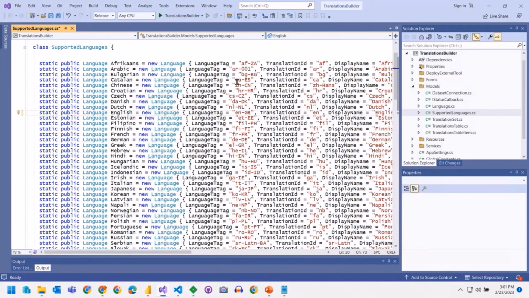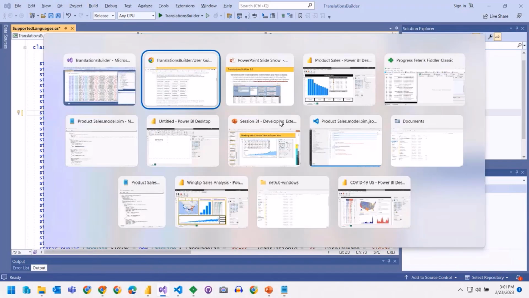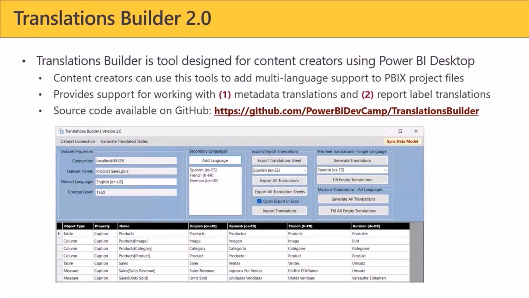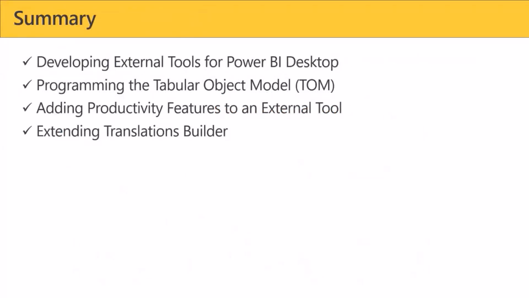So that's the main thing that I wanted to show, that Translation Builder is there for you to use as a user, but it's also there for you to extend as a developer. Once again, if you see that you want to add features or it doesn't support something that you want inside there. Very cool. And that takes us to the end of our session today.